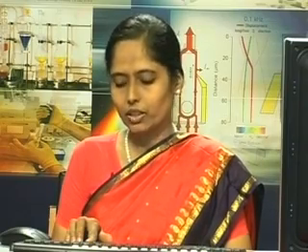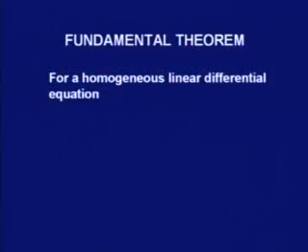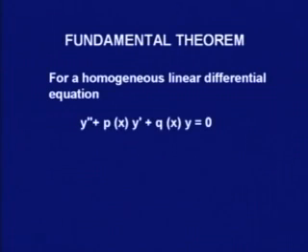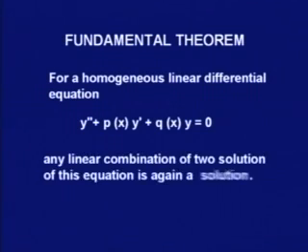Now, from here we get our first result, that is the basic property or the fundamental theorem about the homogeneous linear differential equation of second order. For a homogeneous linear differential equation, y double dash plus p x y dash plus q x y is equal to 0, any linear combination of two solutions of this equation is again a solution.